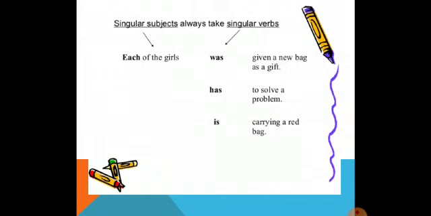I mean that each is the main word or the main subject because I'm talking about each one of the whole. So when I say each, it's each was, or each has, or each is. So I say that each of the girls was given a new bag as a gift, or each of the girls has to solve a problem, or each of the girls is carrying a red bag.